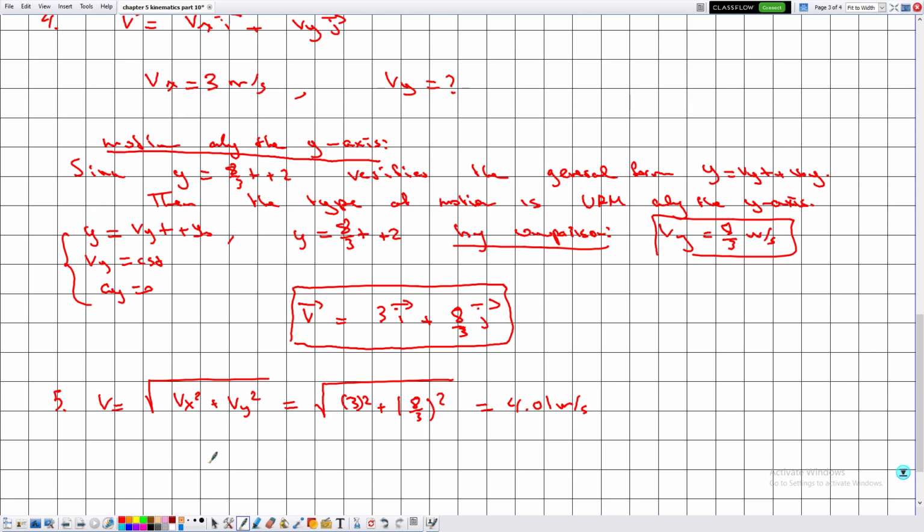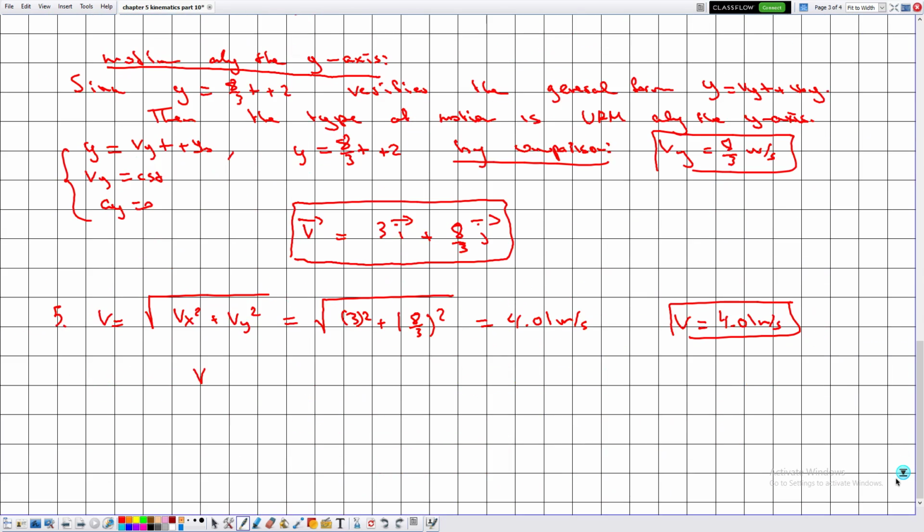So the speed is given by 4.01 meters per second at all times. In this case, the speed at the instant t equal to 2 seconds is equal to 4.01 meters per second, which is constant at all times.